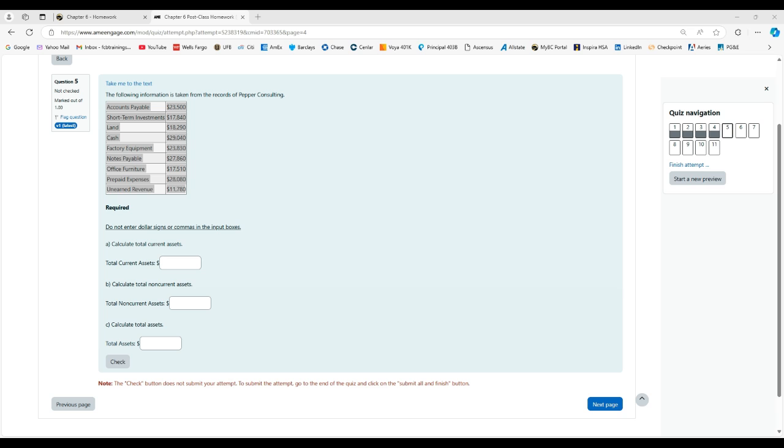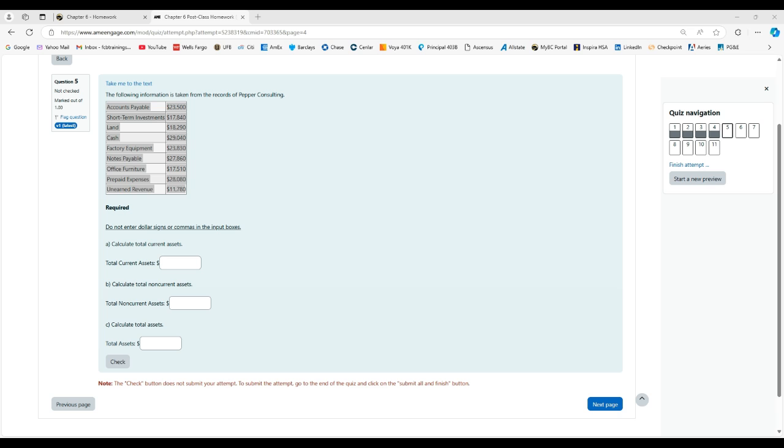Let's see what else we have here. Prepaid expenses and short-term investments. And then more long-term assets are things like the land, the factory equipment, and the office furniture. Because those are things we're depreciating. And when you're thinking about what's short-term, long-term, it's really about whether it is going to last longer than a year. That's the way you want to think about it.